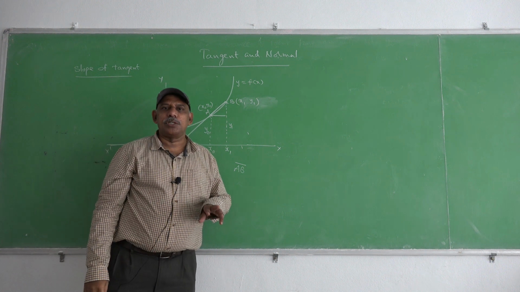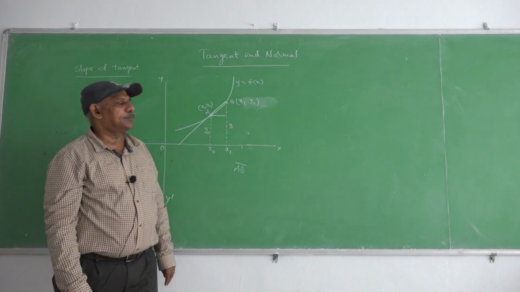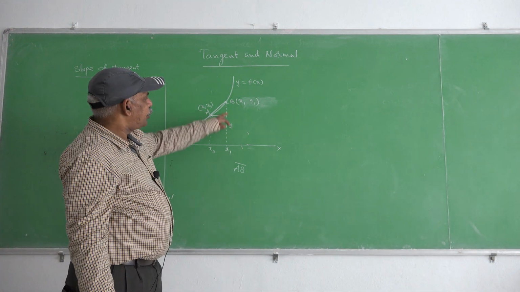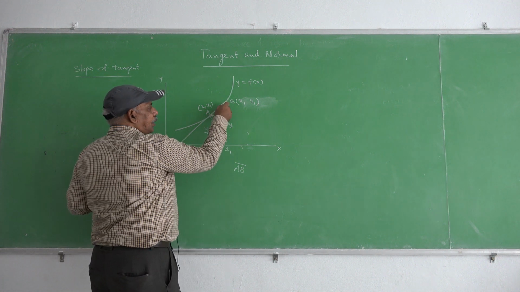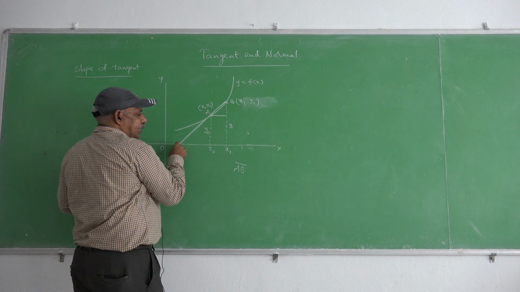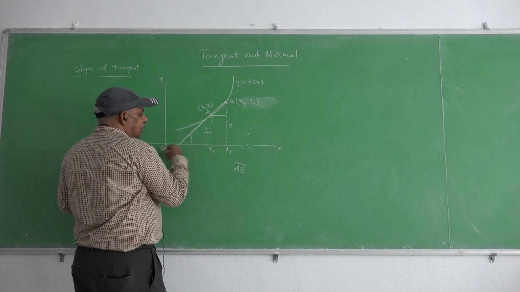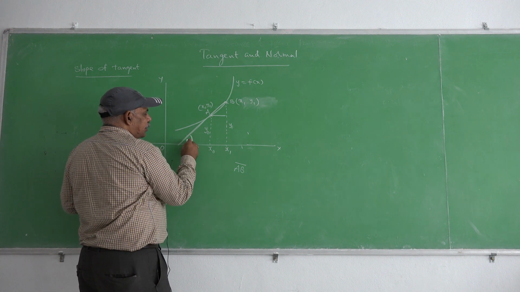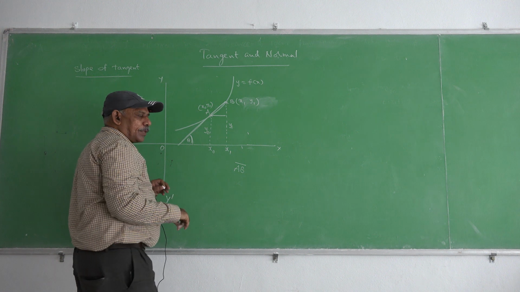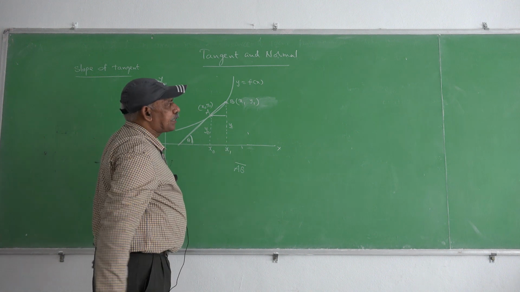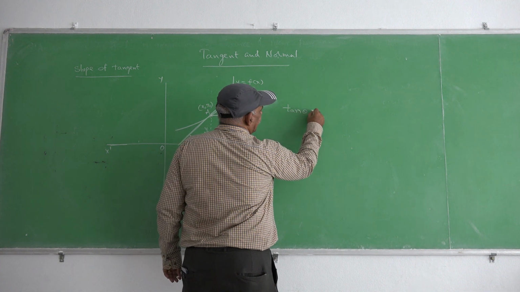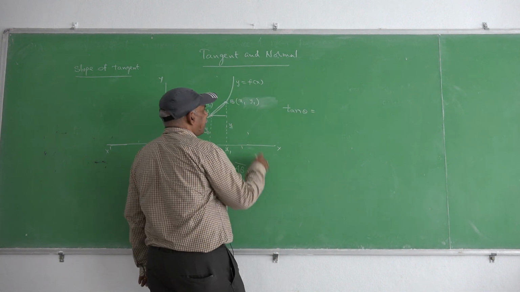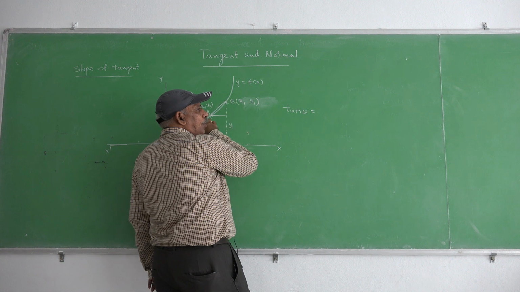Chord means the joining of any 2 points on the curve. Suppose it is making angle theta with the x-axis, then tan theta is given by the slope of the chord AB.